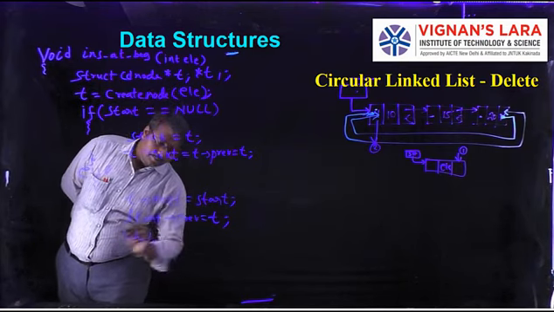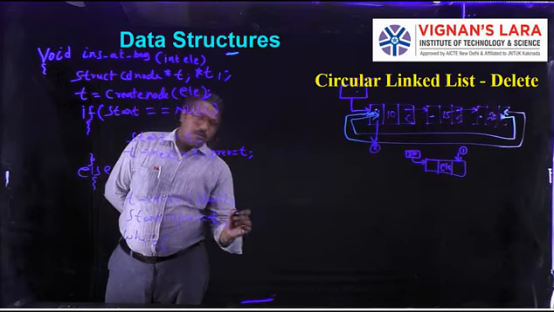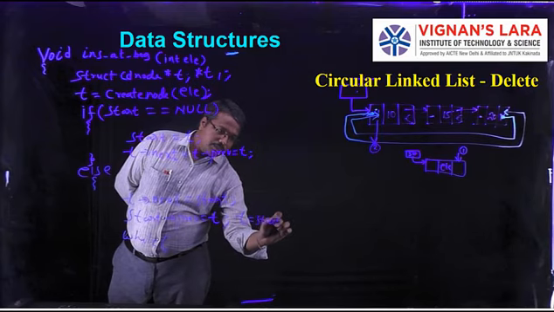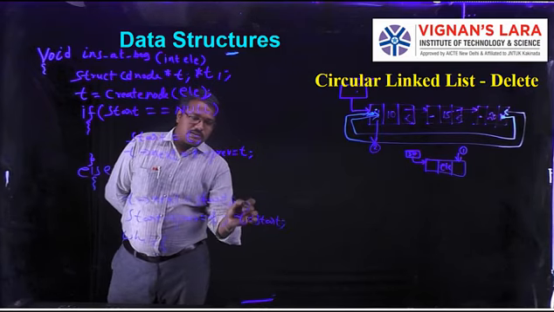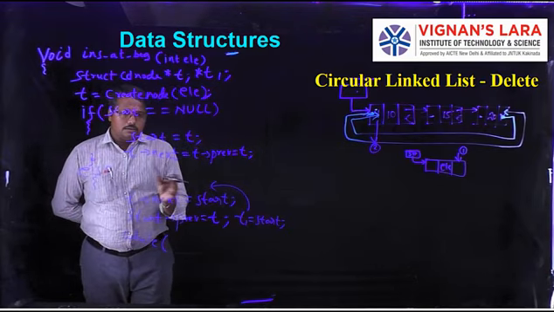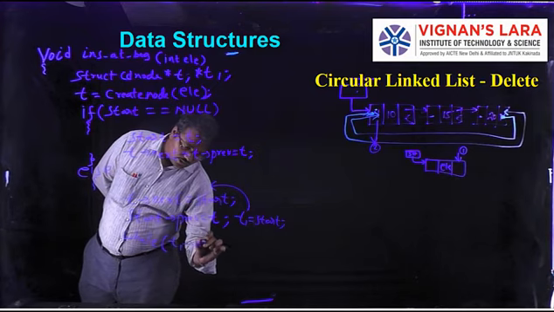While. So here what we have to do? First, T1 is equal to start. This is the first statement. T1 is equal to start, and I want to find the last node address.